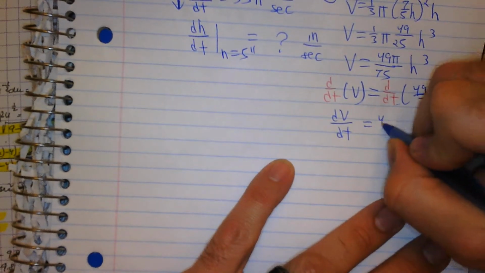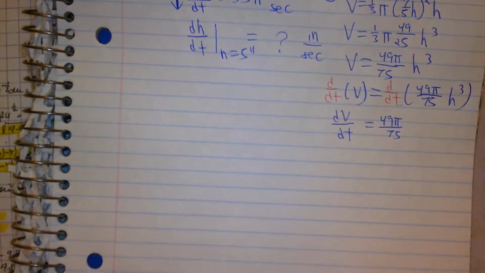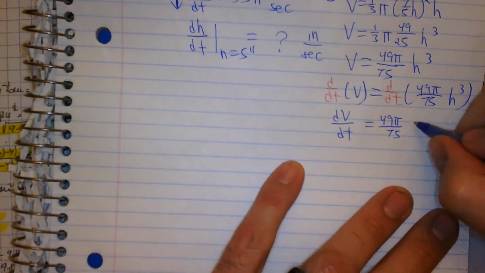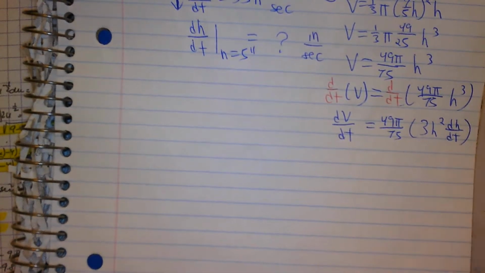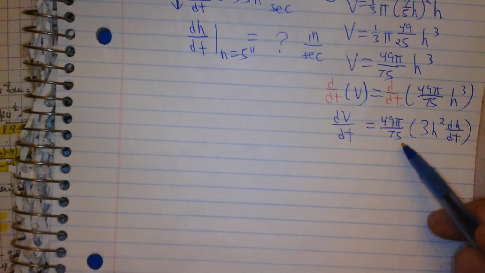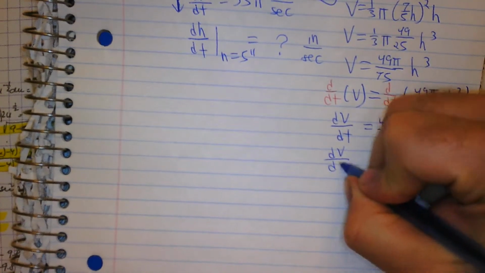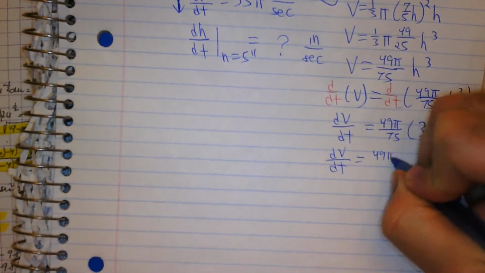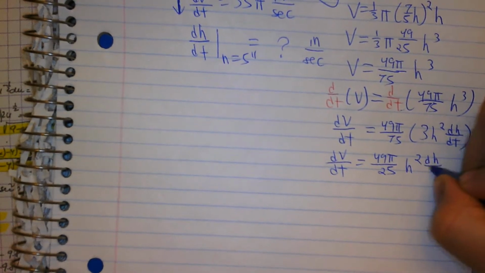Well, the 49 pi over 75, you could pull out, because you could always pull that outside of a derivative or any limit. And then you just get 3h squared dh/dt. You're using the dh/dt, it's implicit differentiation at this point. Okay, 3 over 75 is the same as 1 over 25, so now we're back to dV/dt is equal to 49 pi over 25 h squared dh/dt.